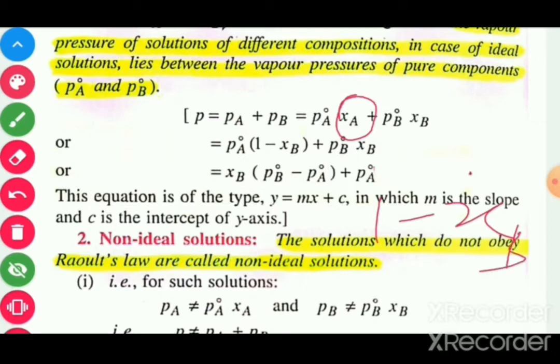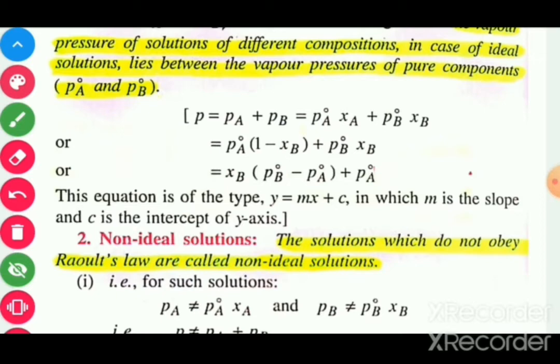Therefore, we may write the vapor pressure of solution P is equal to P naught A into bracket 1 minus XB. So in place of XA, we write here 1 minus XB, because the mole fraction of solvent plus the mole fraction of solute is equal to 1. Therefore, we take this term plus P naught B into XB.